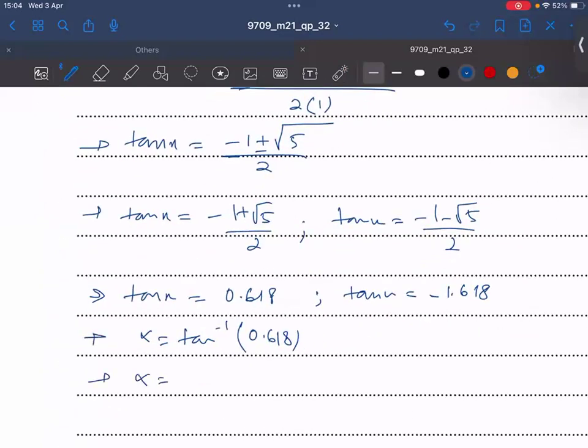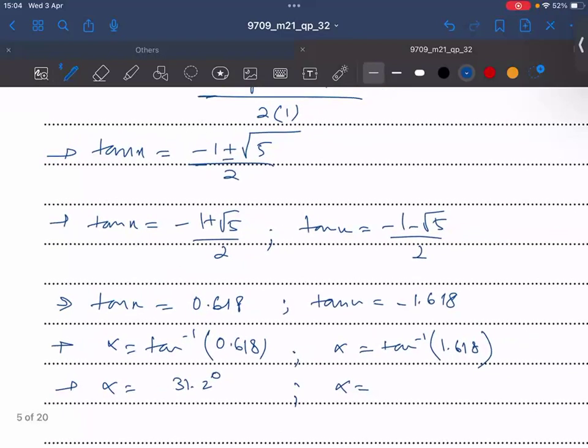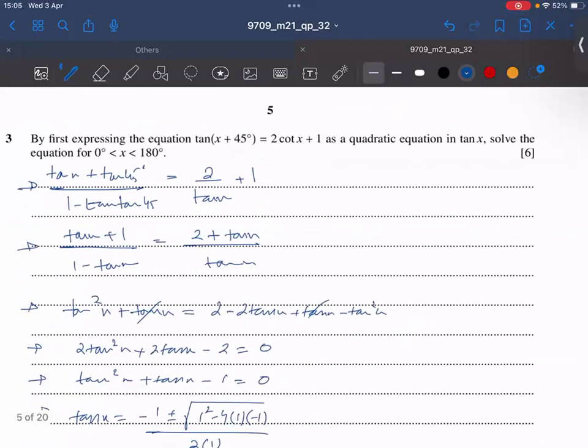Tan inverse of 0.618, here, the basic angle. The basic angle is 31.2 degrees. And then another one is 1.618. The basic angle is 58.3 degrees.